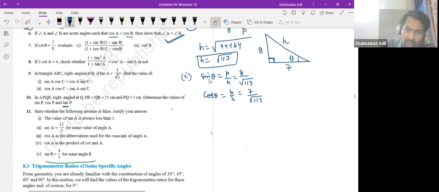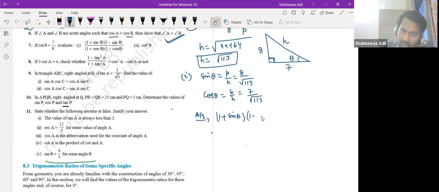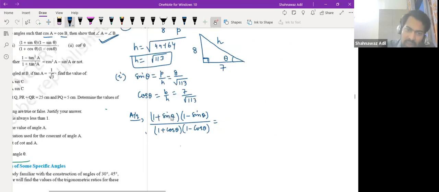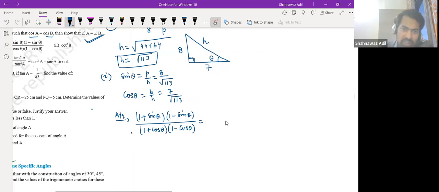We have all these values, so let us plug them in. According to the question, we have to find 1 plus sine theta, 1 minus sine theta, 1 plus cos theta, and 1 minus cos theta. We already know that (a plus b)(a minus b) is a square minus b square. So we can write this as 1 minus sine square theta.